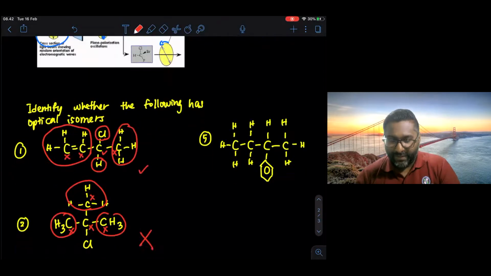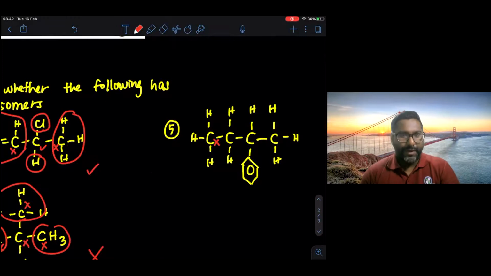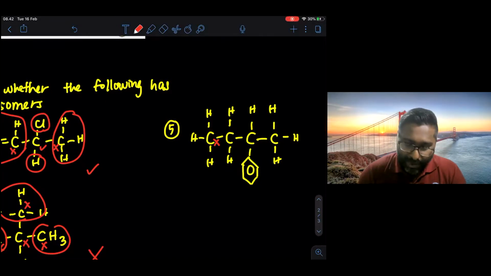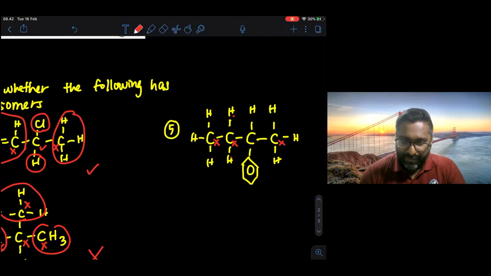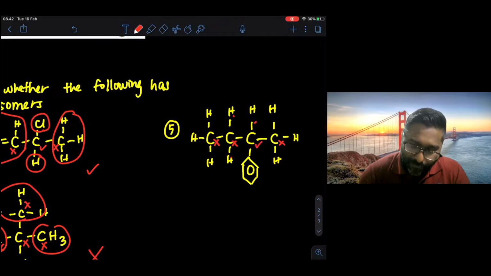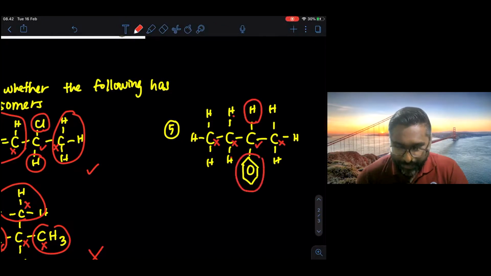So let's look at this example. This carbon, no, because there are 3 hydrogen atoms. This carbon also cannot because there are 2 hydrogen atoms, cannot be the same. If you look at this carbon, we can see that 3 hydrogen, cannot. But if you look at this carbon, you have 1 hydrogen, 1 group, another group.